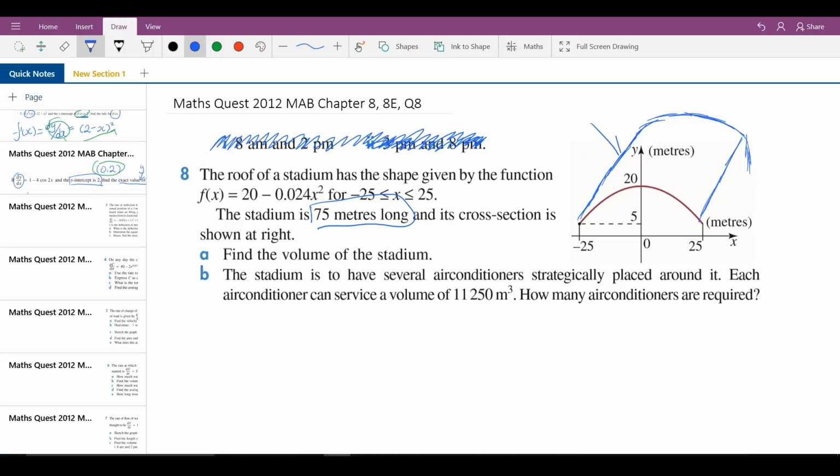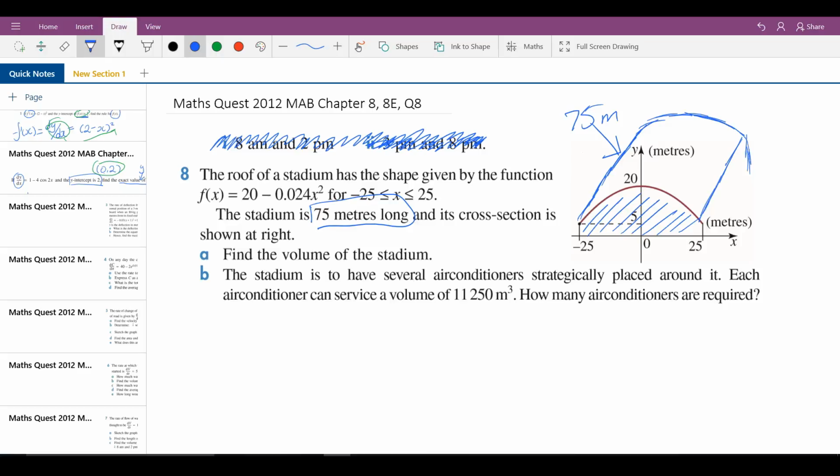So this is 75 meters. All we have to do is find the area, called the cross-section area here, and then multiply by the length, which is 75, and we get the volume of the whole stadium.